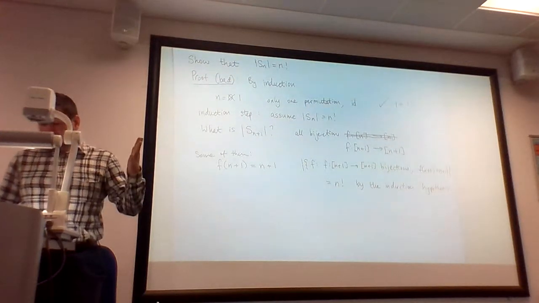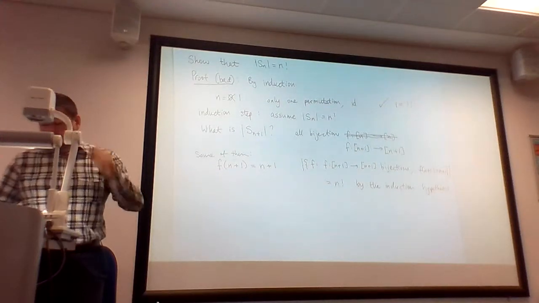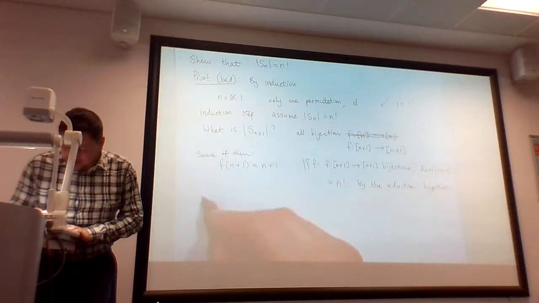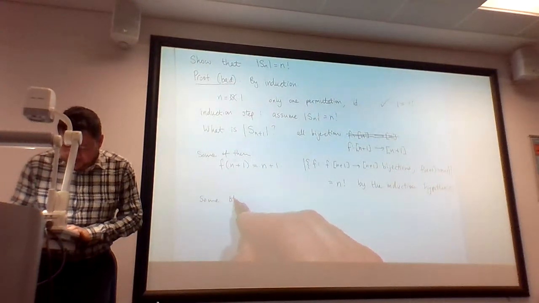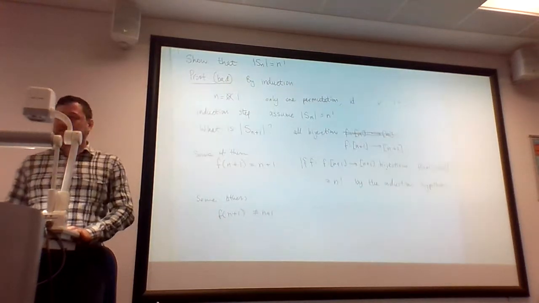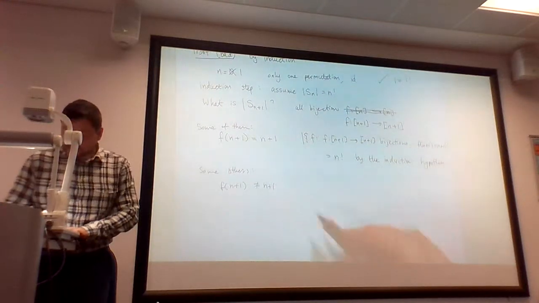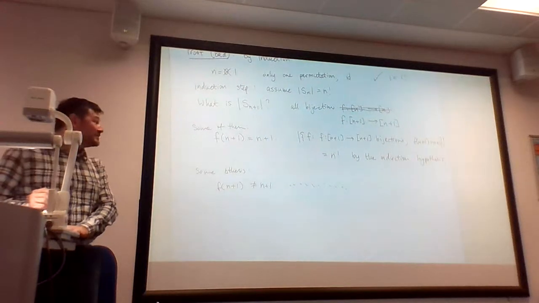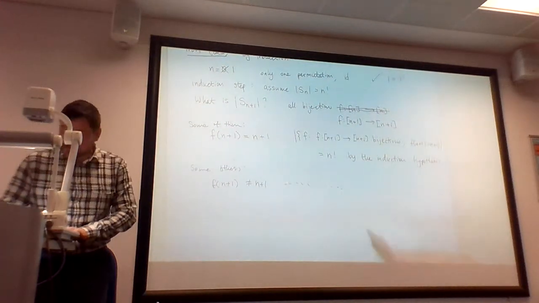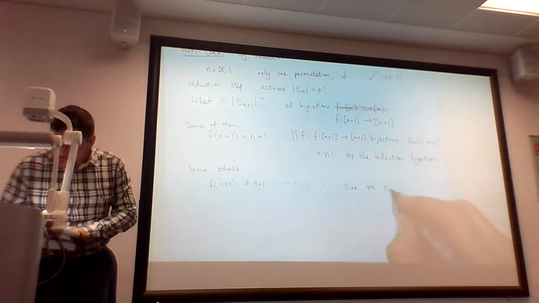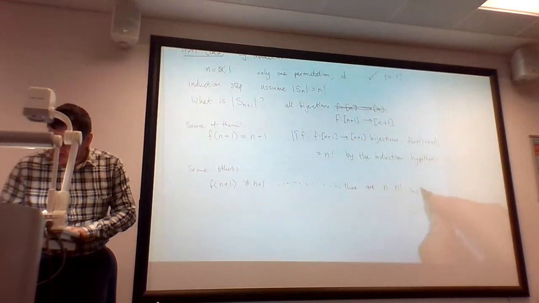Now, to me there's too big a jump when you say that for the others, where f of n plus 1 is not n plus 1, some magic happens and you write there are n times n factorial such permutations.